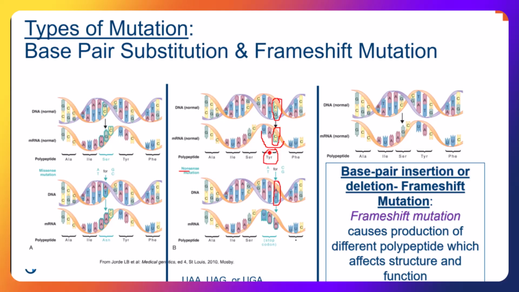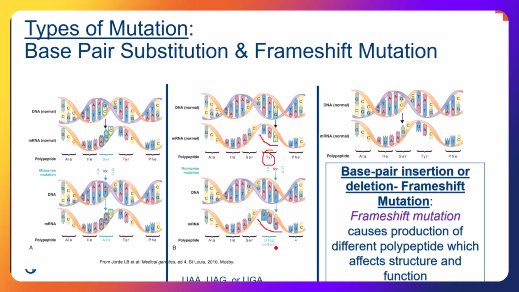You can see everything else is the same, except we've kicked out CG as a base pair and inserted AT. Then when the mRNA takes a copy, now it's going to match the thymine with an adenine. Now our codon, which was this that codes for this, is now UAA.